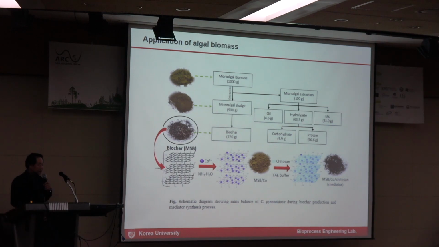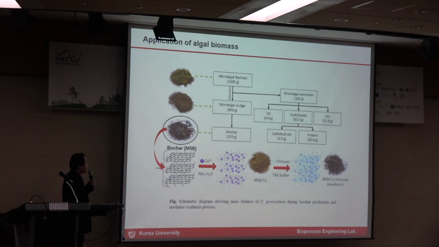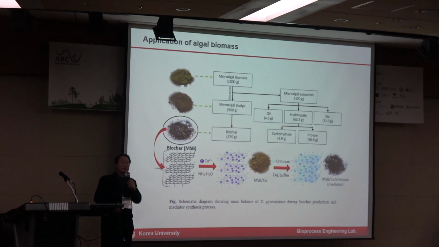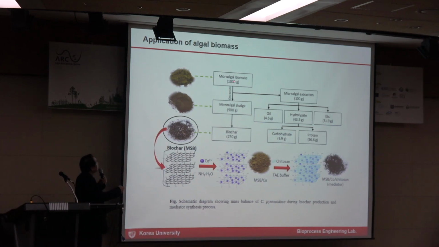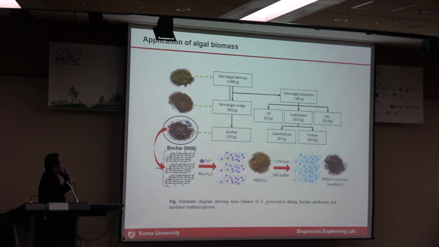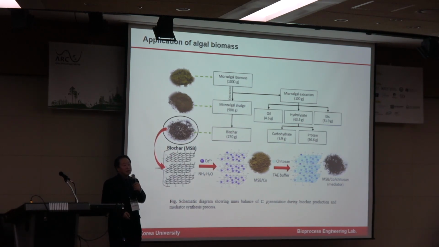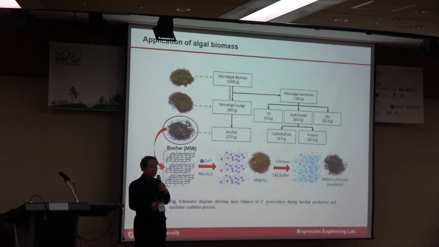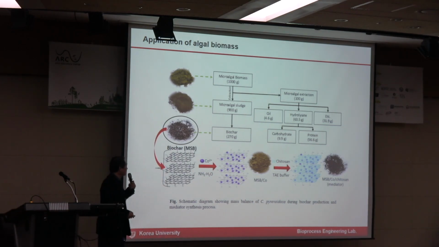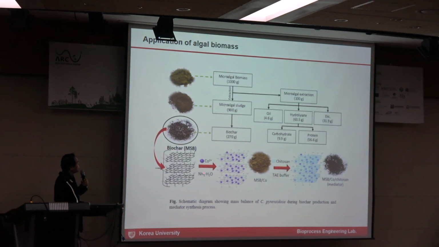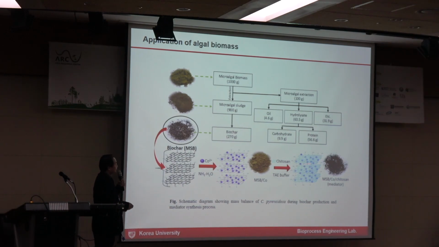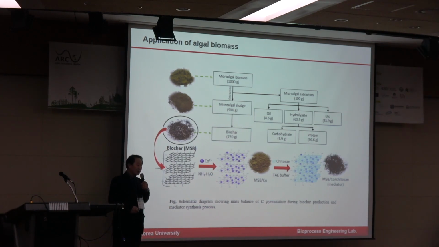For another application of this algal biomass, we could produce biochar. This shows the mass balance of the algal biomass, and this is biochar. Previously we developed a mediator for enzymatic fuel cells. We can coat with cobalt and then chitosan to make a mediator.